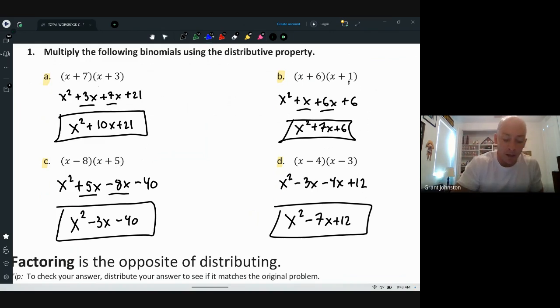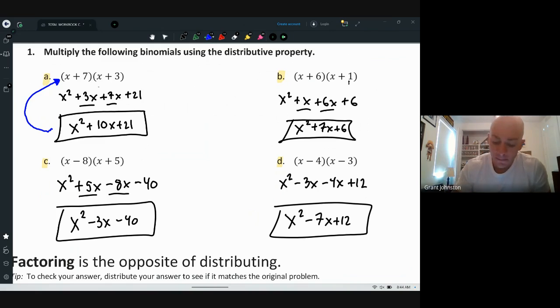So like on A, we're going to take this expression here and turn it back into this factored expression where we have 2 binomials multiplied by each other. And in order to do that, we need to see the pattern that's happening with each of these. If we compare the final answer to the original problem, we should see some things.